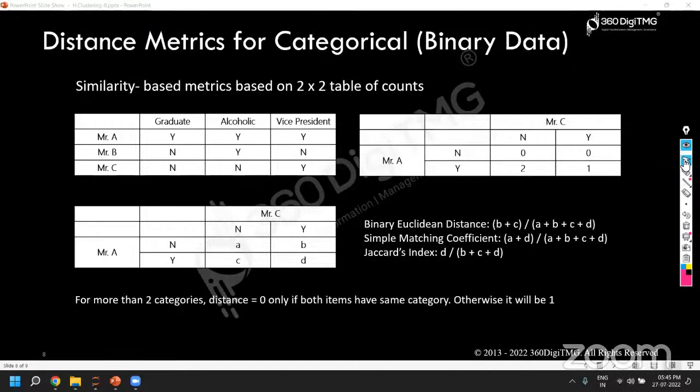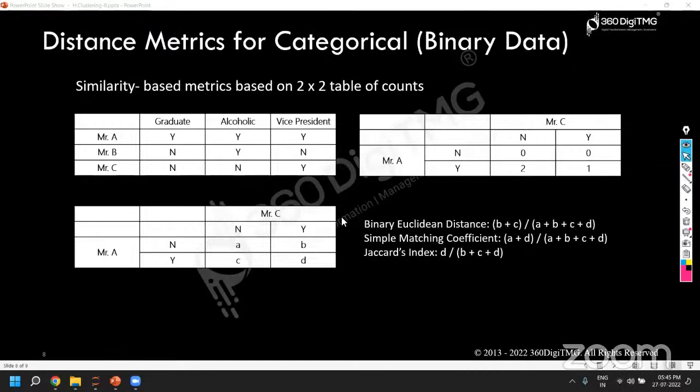There are various other cases also. For example, what if your data is mixed data? Right? You might have a combination of non-numeric data and numeric data. So in such cases, we will have to split your data into numeric columns and non-numeric columns.